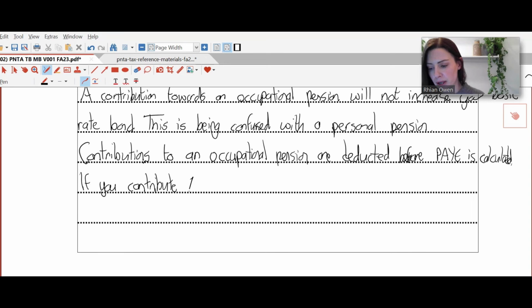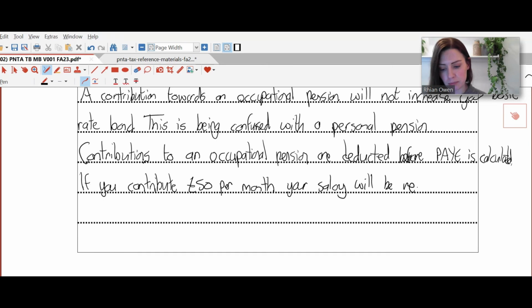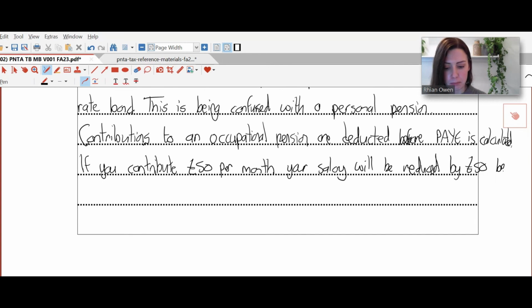So if you contribute £50 per month, your salary will be reduced by £50 before pay as you earn is deducted.